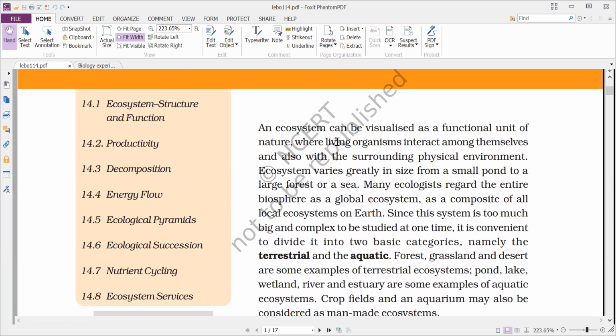Here we are discussing the natural ones. Ecosystems vary greatly in size, from a small pond. A small pond is also considered as one ecosystem.